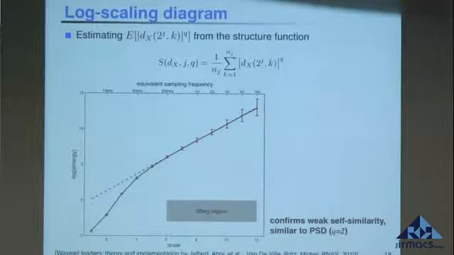Now, to do so, you need to compute what is called the structure function. Now, the structure function is not very complicated, although it might look like it. So what you need to compute is at a given scale j, and for a chosen power exponent q, but let's think for q equal to 2 now. So we're looking at energies, in fact.